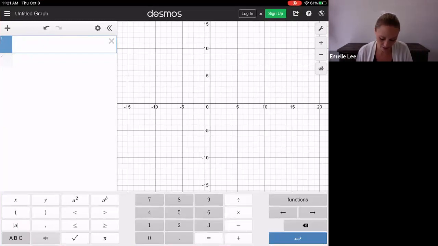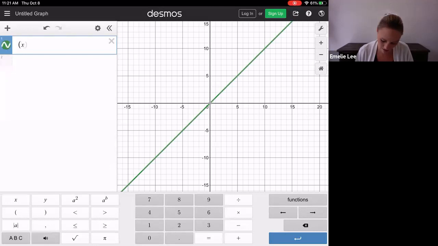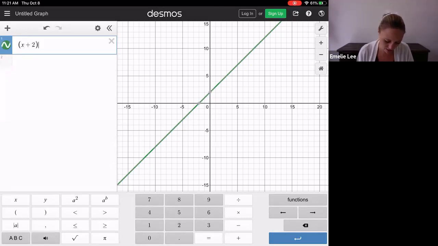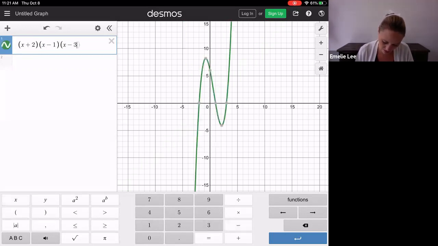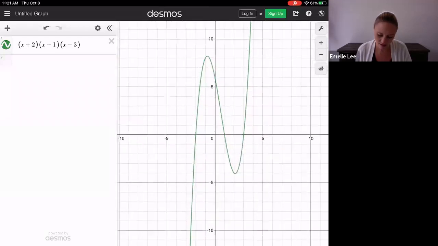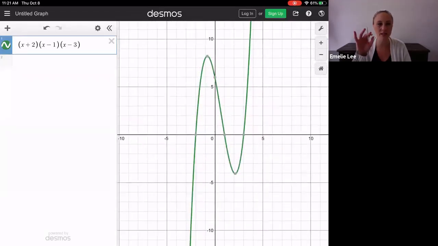So what I'm going to do is I'm just going to plug in the original equation that we were looking at. So using the brackets properly, (x + 2)(x - 1)(x - 3). So it does look like what I suspected, right? And you can click the line and then see how it gives these little points.